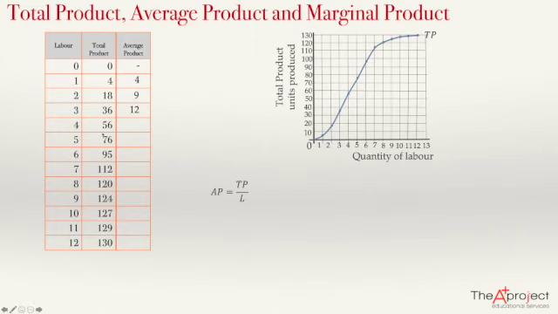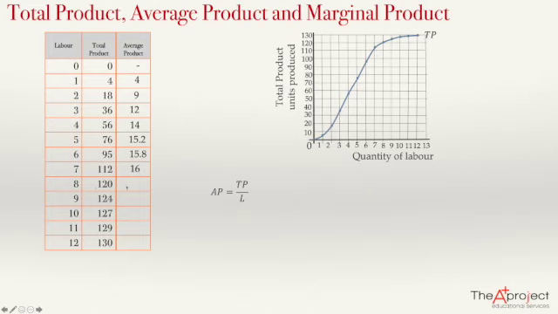This will be 56 over 4. This is 14. 76 divided by 5, that gives me 15.2. 95 divided by 6, this is 15.8. 112 divided by 7, this is 16.